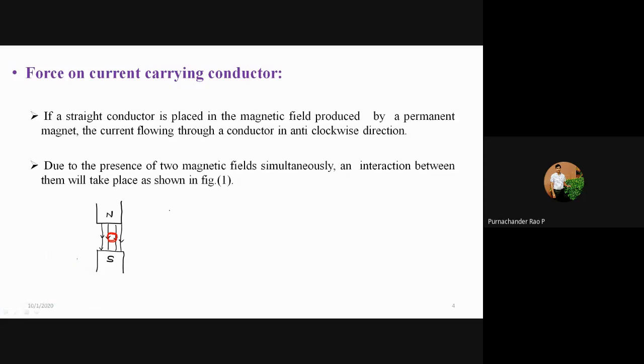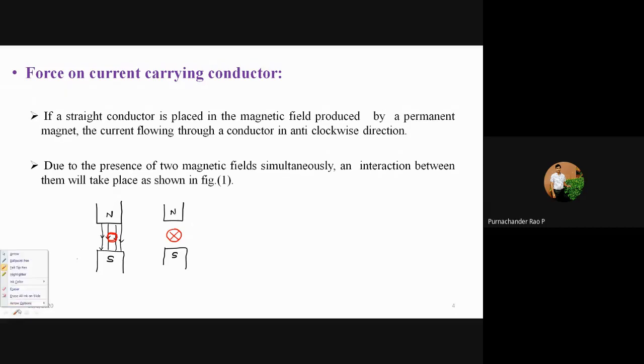Next I will take another case. Here again this is a north pole and this is the south pole. This is not developing any magnetic field, but here there is a conductor, and this conductor is carrying a current.